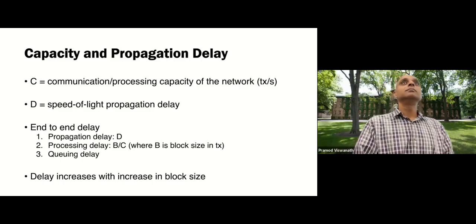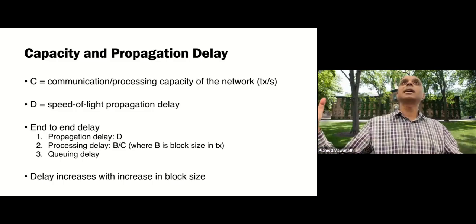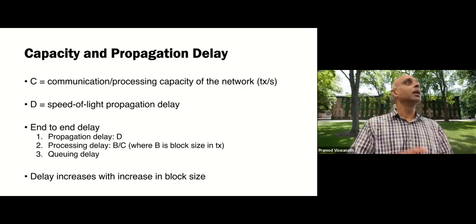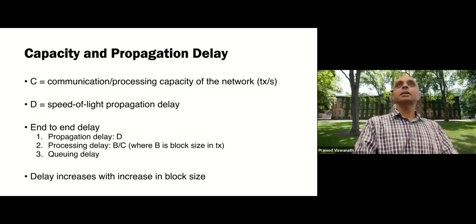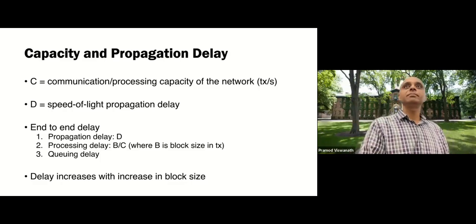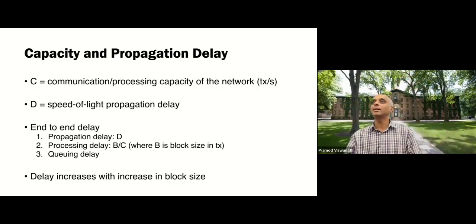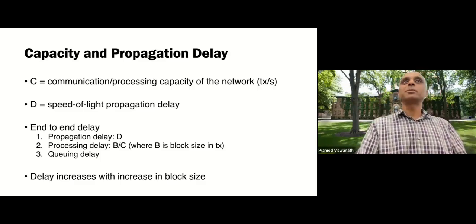Why not just have large block sizes? That's a cheap way to increase throughput. I just wanted to point out that you pay a price in delay, because the larger the block, the longer it takes to process it. And that shows up in the end-to-end delay. So block size also shows up somewhere here.